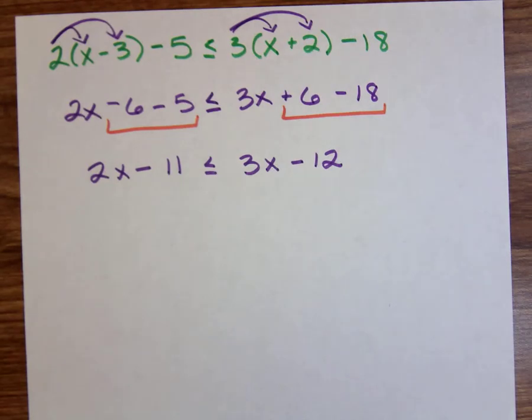And again, you have a decision to make. I need to collect the x's together on one side. If I subtract 3x on both sides, I'm going to end up with a negative, which means I will have to flip this symbol at some point, which is not a big deal. If I subtract 2x on both sides, I'll have a positive x, but it'll be on the right side instead of the left, so I'll have to flip the symbol, which is not a big deal.